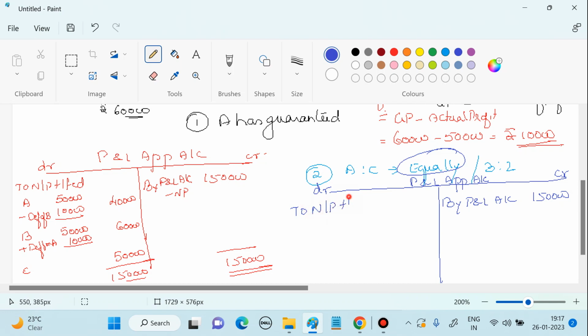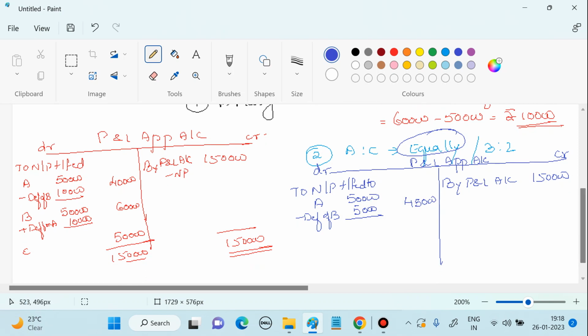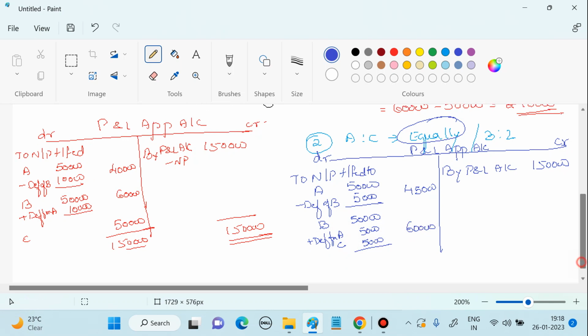So net profit transferred to A, 50,000. From that he would give from his share 5,000, so he will get 45,000 as a share of profit. B would get 50,000, plus from A 5,000 and from C 5,000, so that would make up to 60,000 for him.